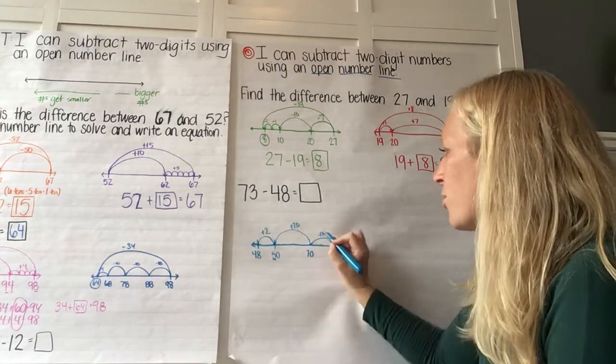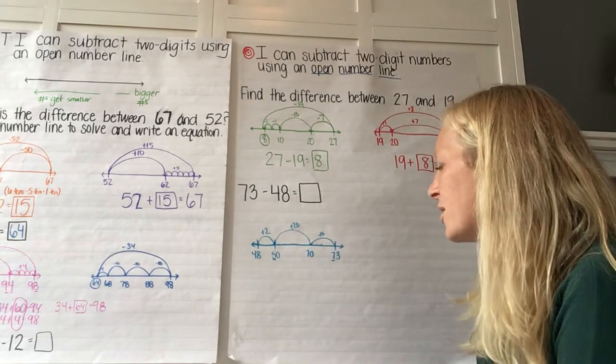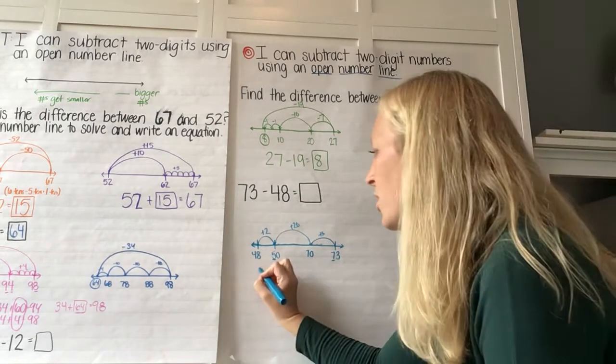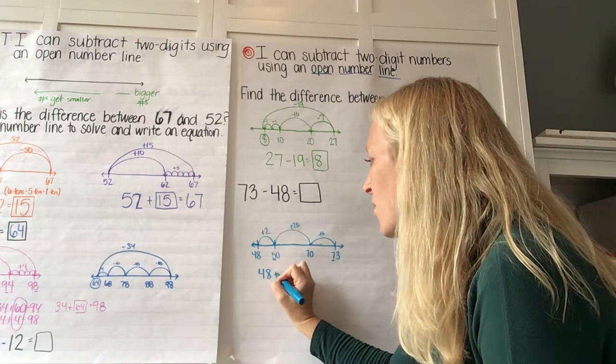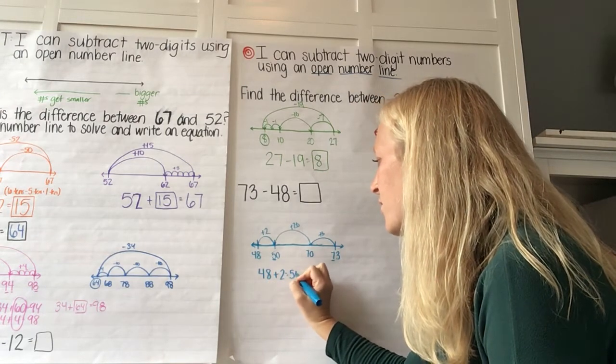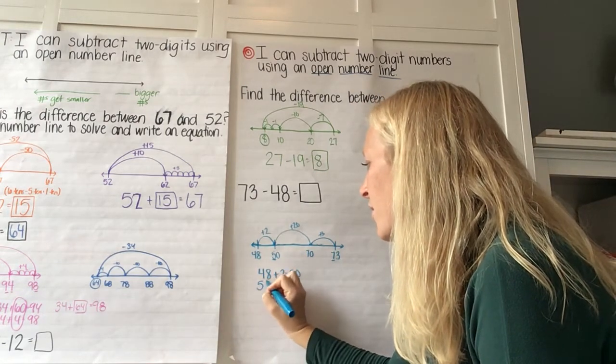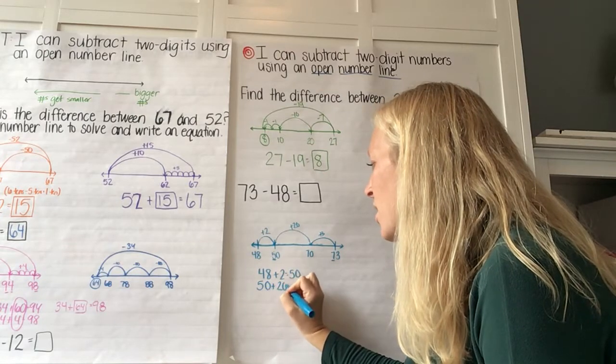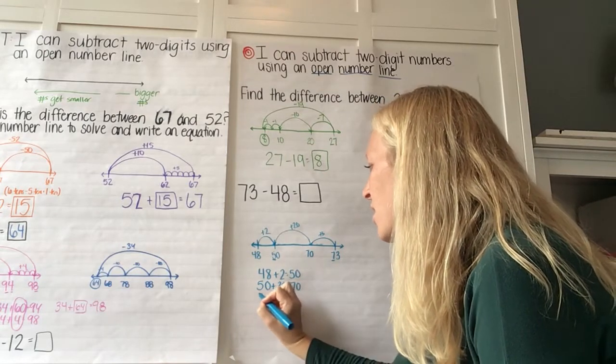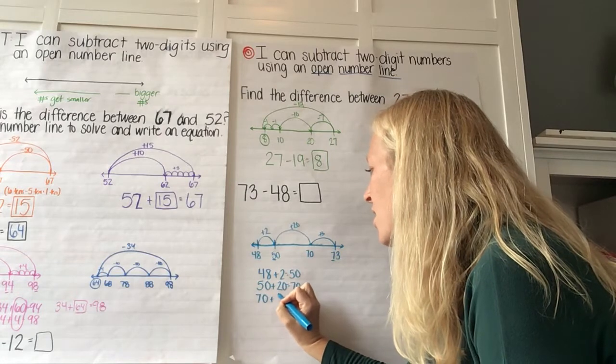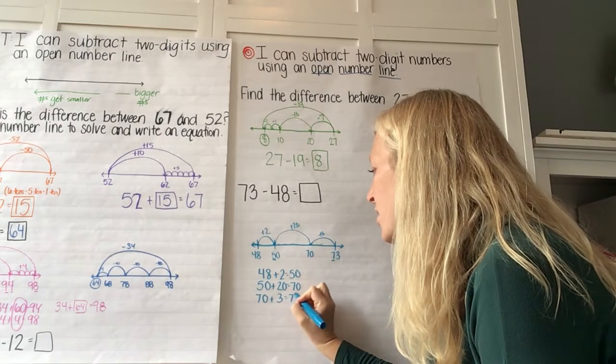You needed to go 3 more to get to 73. So you started at 48 and you added 2 to get to 50. And then 50 plus 20 to 70. And 70 and 3 to get to 73.